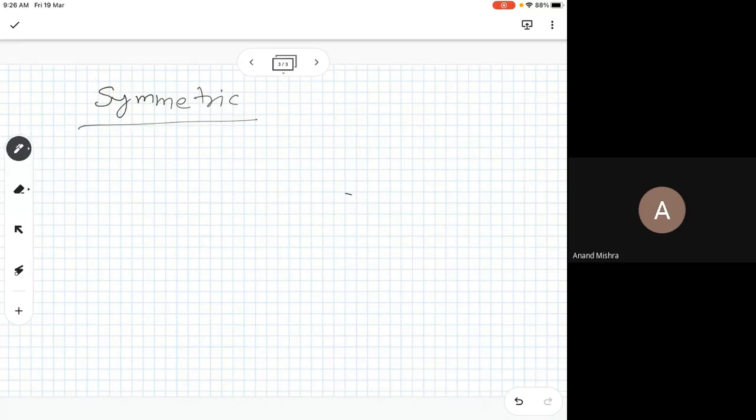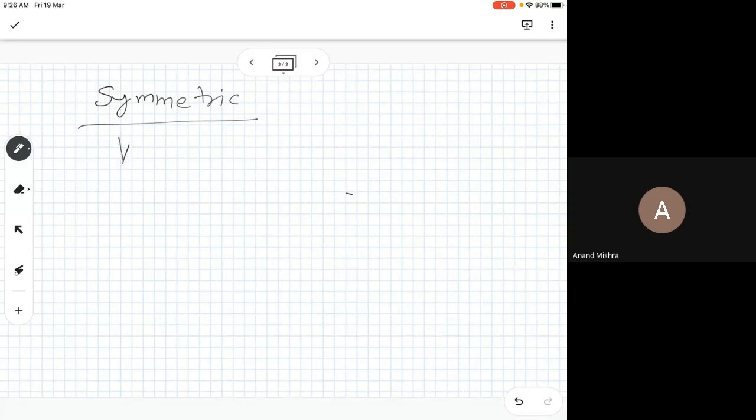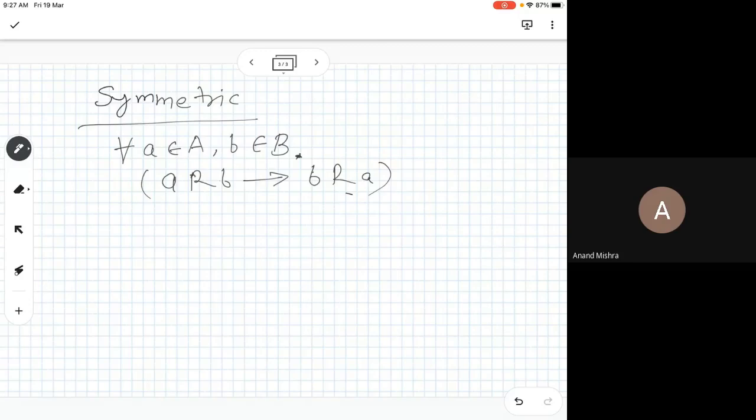So what is symmetric? Symmetric is: for all a and b belonging to A, if a is related to b using R, that implies b is also related to a. A is related to b implies b is also related to a.